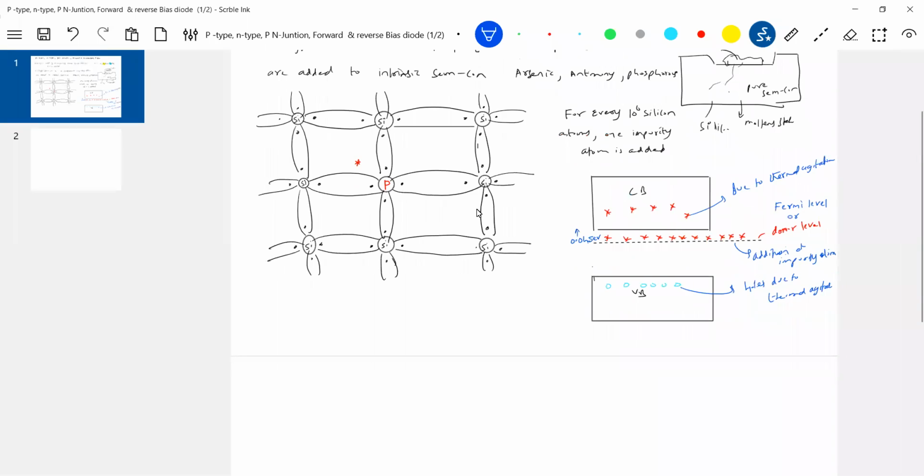We'll take this material. In an n-type semiconductor, it has given one electron, so the donor ion is shown by a positive sign, and each donor ion has its electron shown like this.